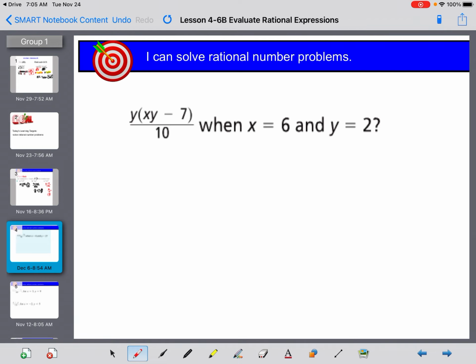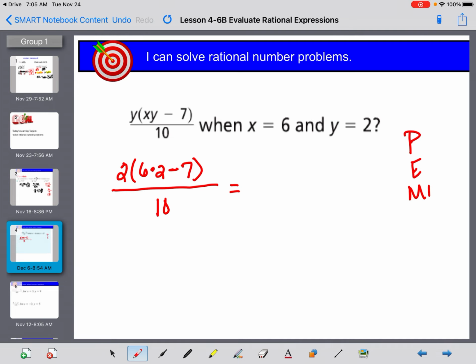All right, I hope you're ready to compare your answers to mine. I rewrote this expression as 2 times 6 times 2 minus 7, all in parentheses in the numerator. In the denominator, I wrote a 10. I use the order of operations inside of those parentheses, and I do the parentheses first because you always follow the order of operations.